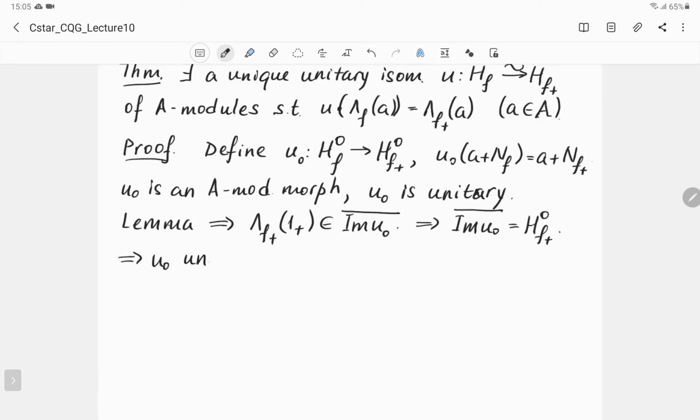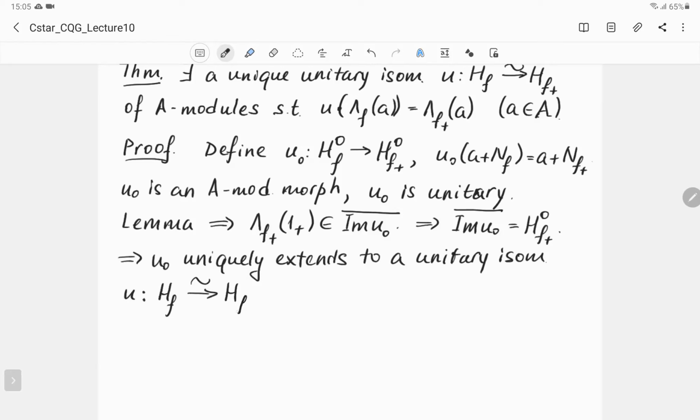U0 uniquely extends to a unitary isomorphism U between HF and HF plus. And this is a unitary isomorphism of A modules. And this completes the proof.